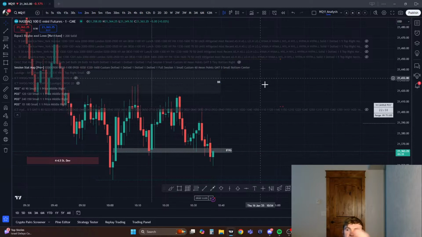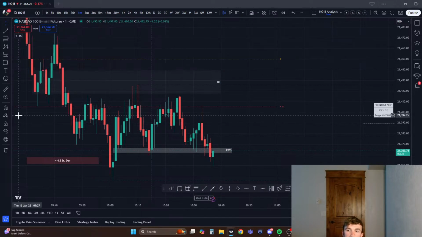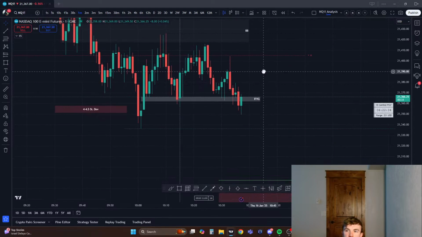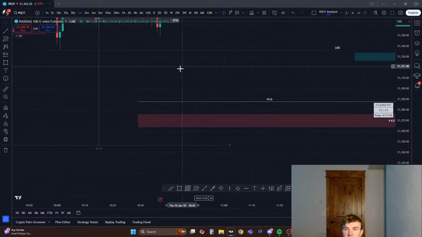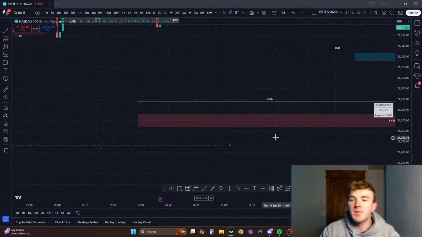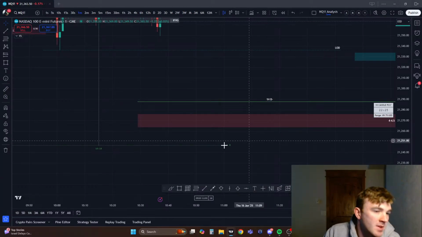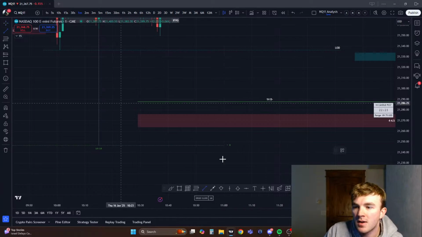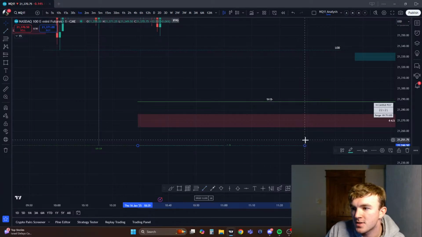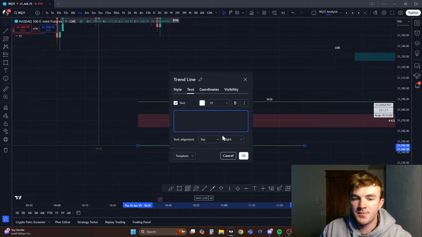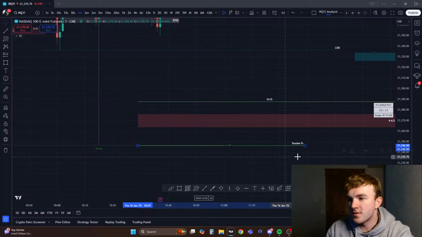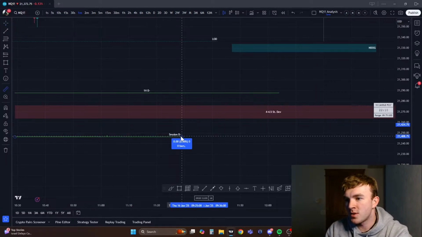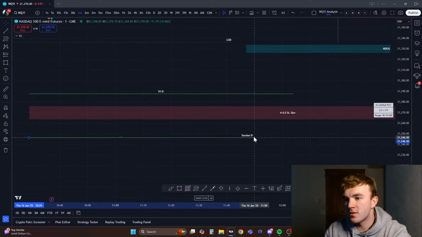Oh, we never looked at the session stop map. Session distribution levels down here. I always forget to check it because I'm usually done with my analysis before the session opens. You know what would be interesting is if the session distribution level was aligned with our trade.